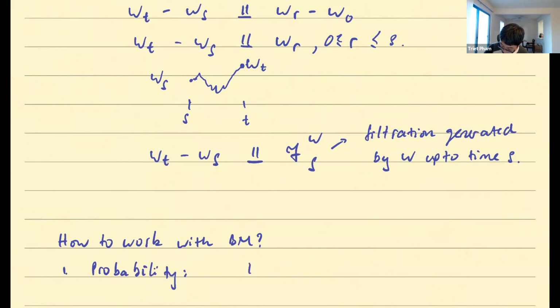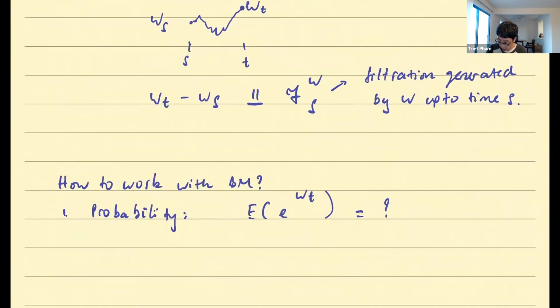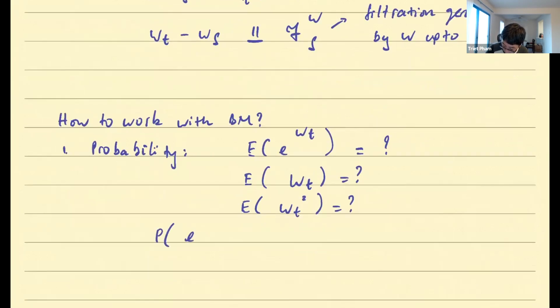So for example, I think you have worked on this before in your review and activity session, taking expectation with respect to Brownian motion, things like this. Probability, let's say, e to the W_T is bigger than K.